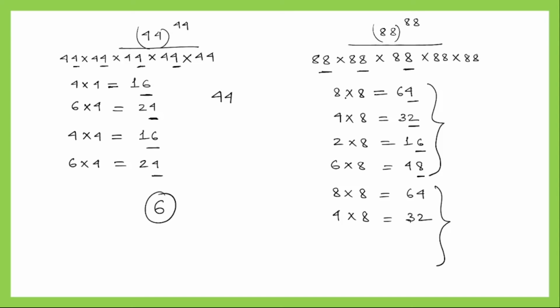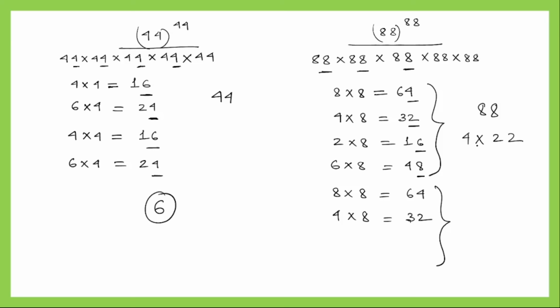So when we multiply the first two 88s, the digit at the units place in the result is 4. With the third 88, it is 2. With the fourth, it is 6, and with the fifth, again 8, and so on. So here the power is what? The power is 88, and 88 is 4 multiplied by 22.